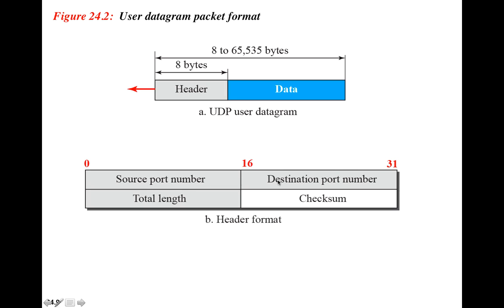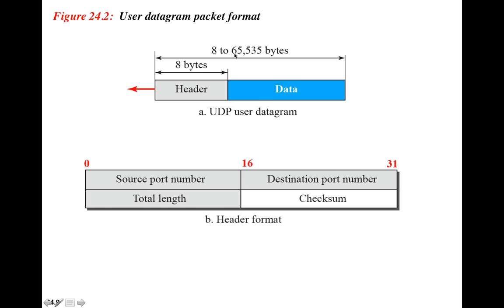Looking at the header carefully, we have a source port number, destination port number, total length, and checksum. We have each field of 16 bits in size, or 2 bytes. So the total is 8 bytes.